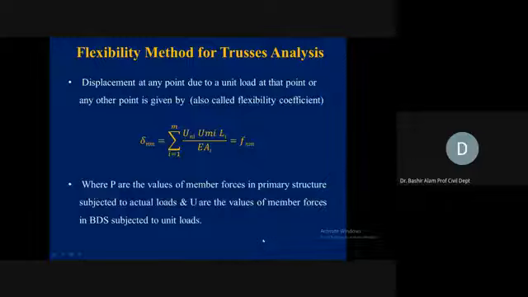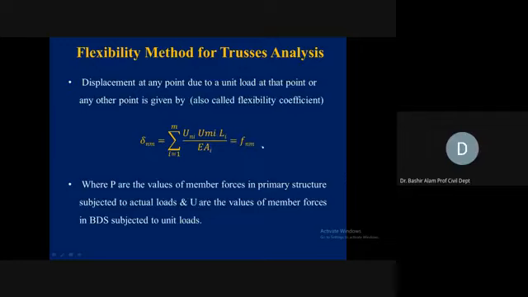Now, the flexibility coefficient elements will be the product of small u's accordingly. If it is F11, it will be the product u1 times u1.